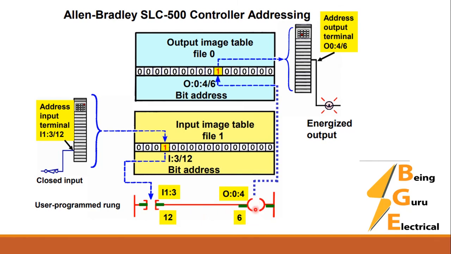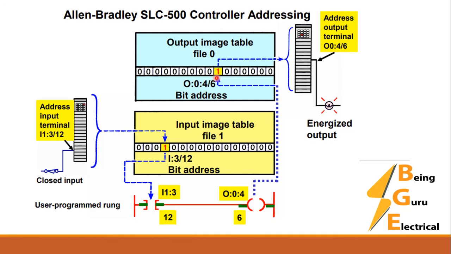At output location 6, this data is going to be stored. Counting from 0: 0, 1, 2, 3, 4, 5, 6. So at location number 6, this is high, so 1 will be stored here during one program cycle. We have one lecture on the program cycle, so if you didn't check the previous lecture, you can go and check the PLC program lecture.